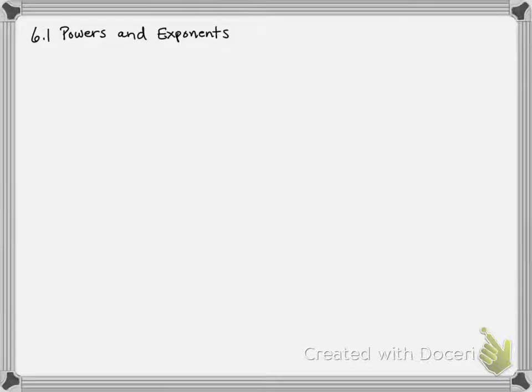Okay, so I'm going to write down a number, and I'm going to highlight it with its different colors. Okay, so this together is called a power. Okay, so let's define what power means.